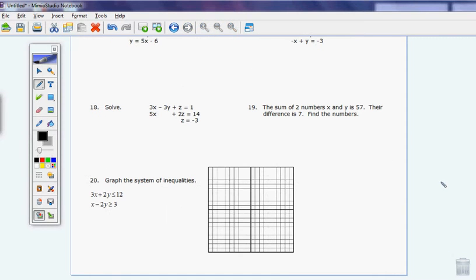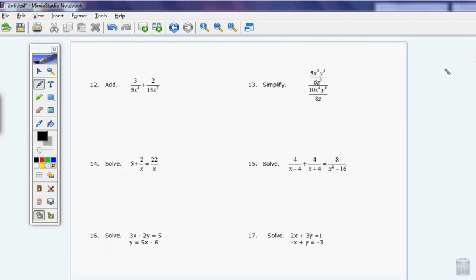All right, moving on, we're going to move to problem number 12 here. So adding together, we need a common denominator. X to the fourth is going to be the common denominator for the variables. So I'm going to multiply by x squared over x squared. Don't need any variables over here, but we do need a 3 over 3.